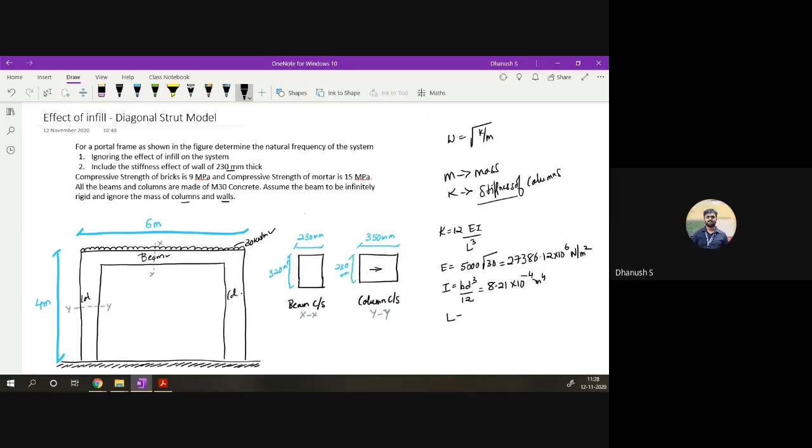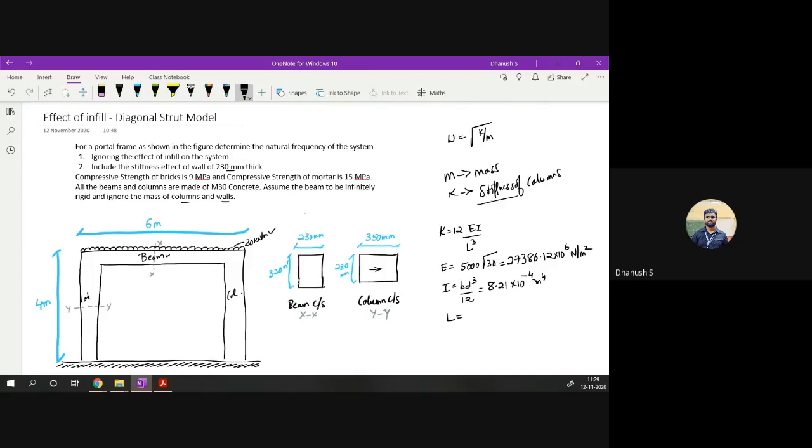Now L, what should I consider? Column length. Should I consider the entire 4 meters? No, sir, till the end of the effective length of the column. What is the effective length of the column? Simply looking at this, how much should it be? 4 minus half of the beam depth.